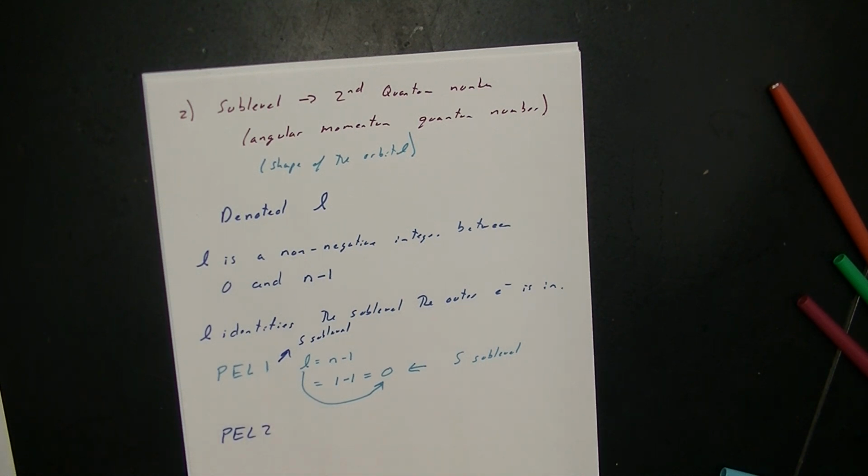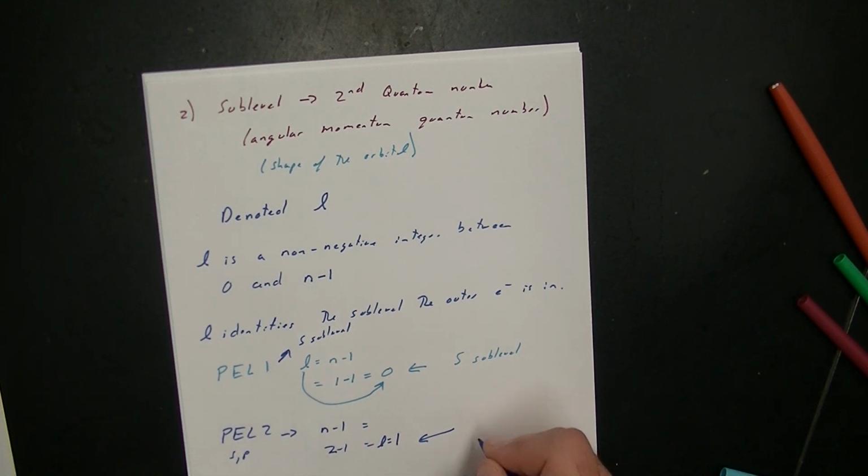If we're in PEL number 2, now we have 2 sublevels. We know that this has an S and a P. So if we look at n minus 1, we end up with 2 minus 1 equals 1. If L equals 1, it is a P sublevel.